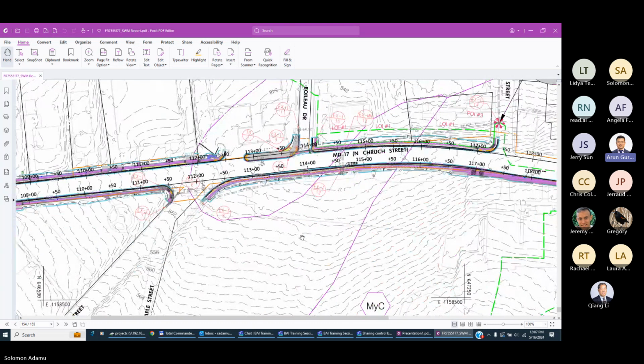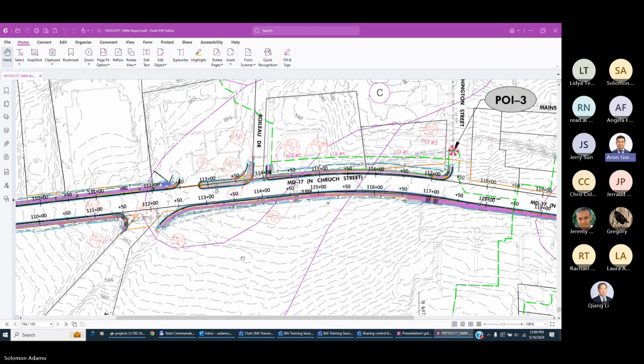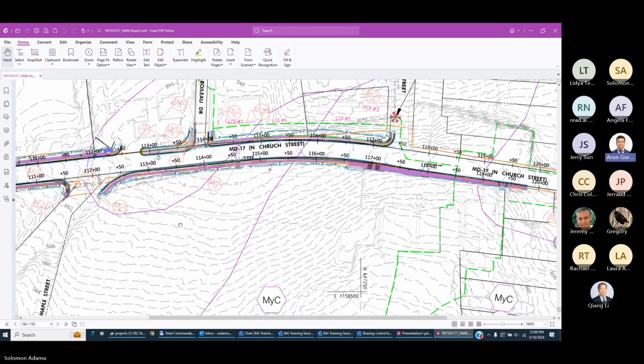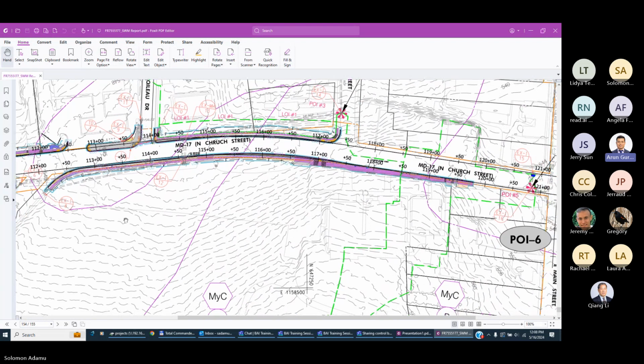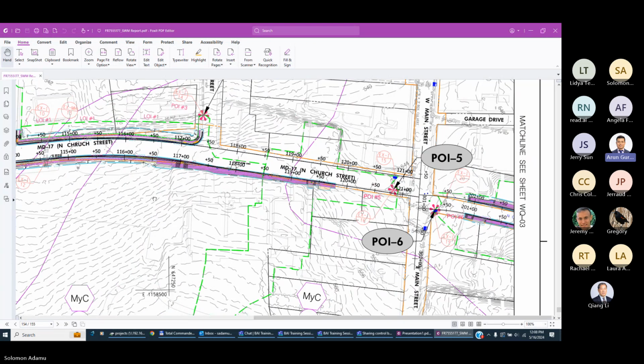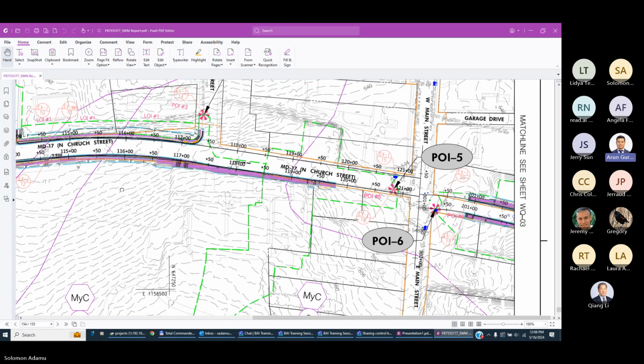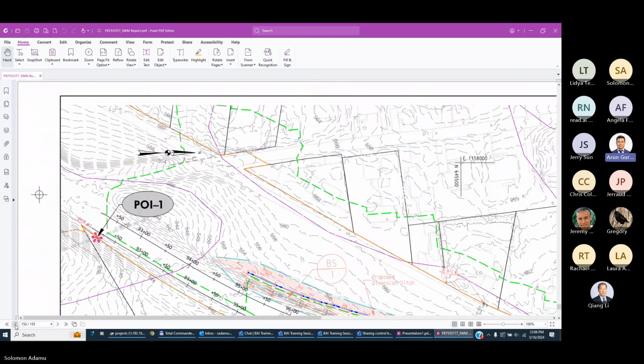Just to add a few things here. This is a typical SHA job. SHA usually, by definition, has its POI at the point where the runoff leaves their right of way. That doesn't necessarily mean it has to be right at that location. If there's an outfall nearby, you can actually choose that point as your POI instead of the right of way.